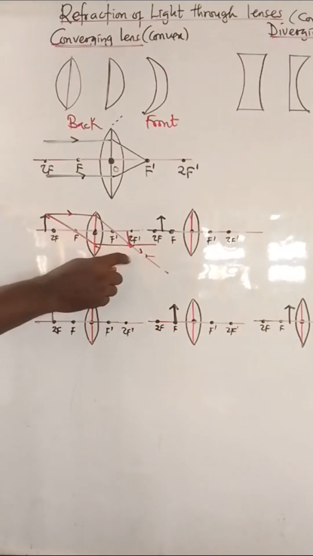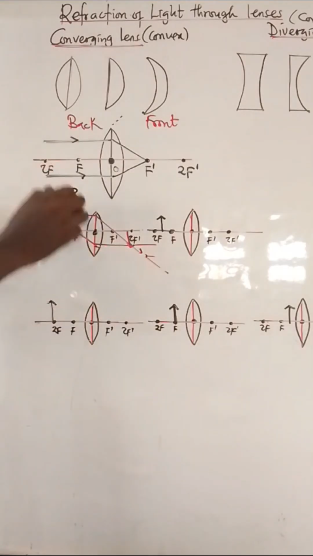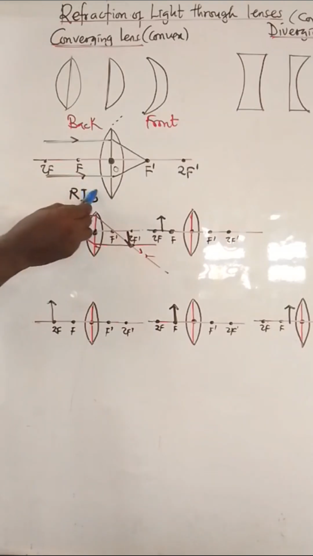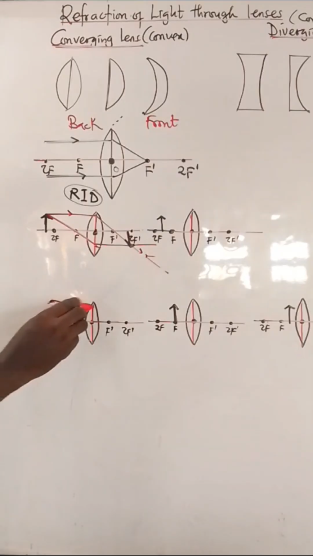So now, the image is formed at the front, so it is real. Below the principal axis, inverted. Now when you check the height of this compared to this one, it is shorter, so it is what? Diminished. That's real. For this, we get a ray parallel to the principal axis. After refraction it passes through what?